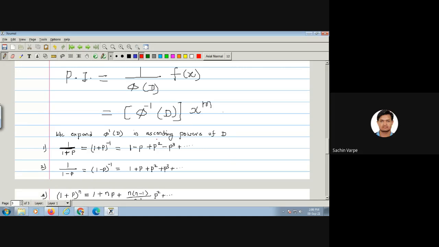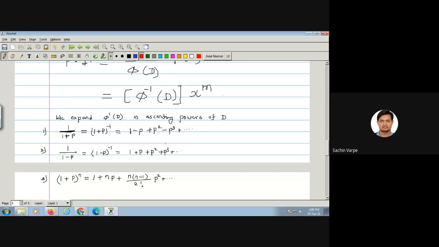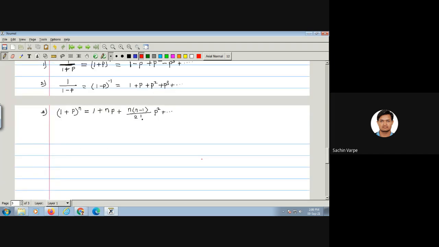So this is all about this method. Once we get the expansion, we will collect only the required terms from it. Let me clear this point. For example, if I have a particular integral, simply 1 upon 1 plus D, operated on x square.